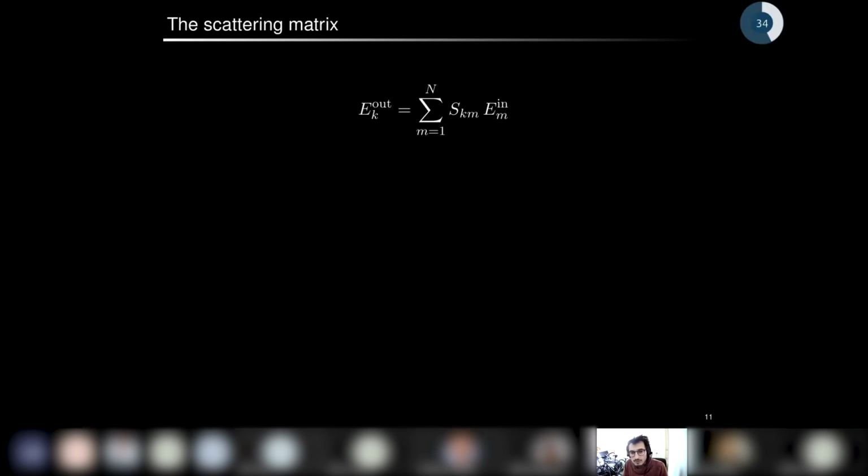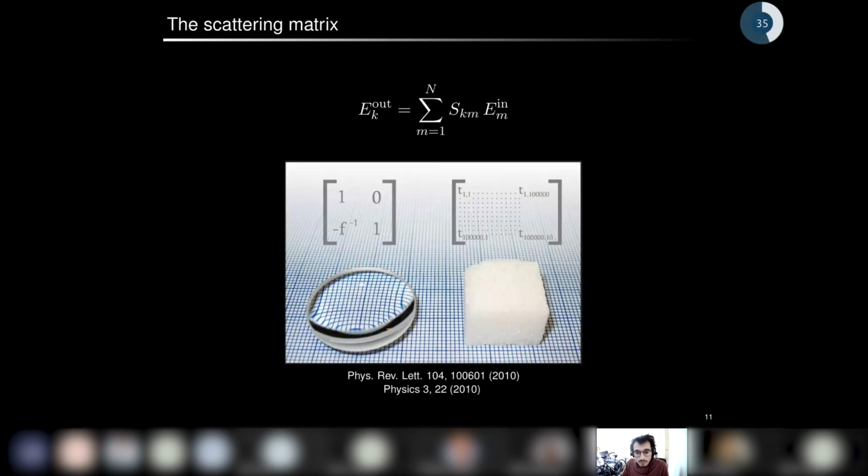So I will briefly recall what a scattering matrix formalism is. Basically, when you are interested in the measured field at one given position, it can be expressed as a sum of all the incident fields times the coefficients of the scattering matrix. This approach can be used to describe very simple scattering media, such as a lens, but also very complicated scattering media, such as a sugar cube.